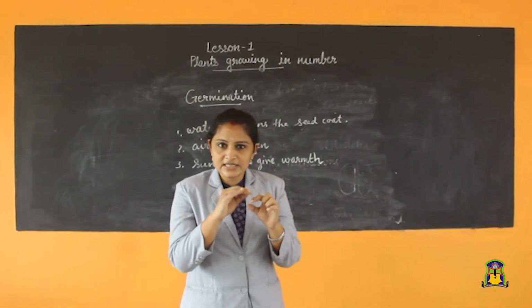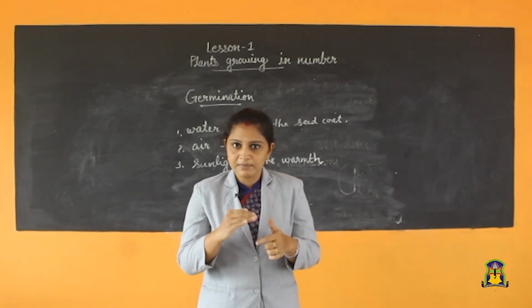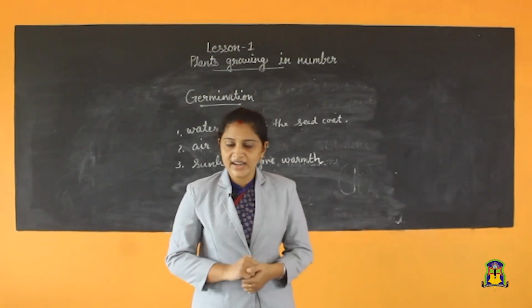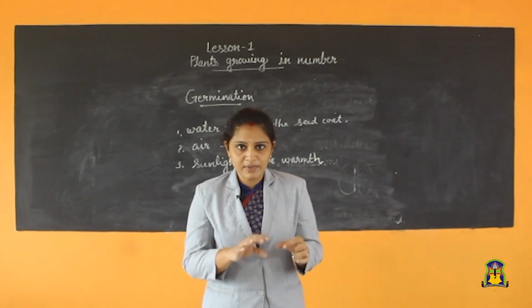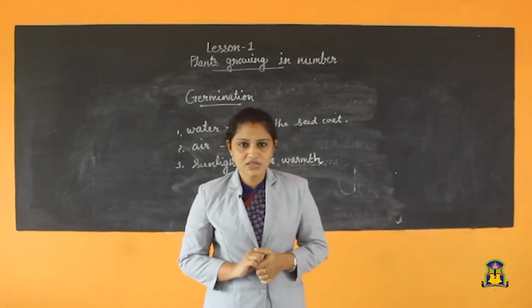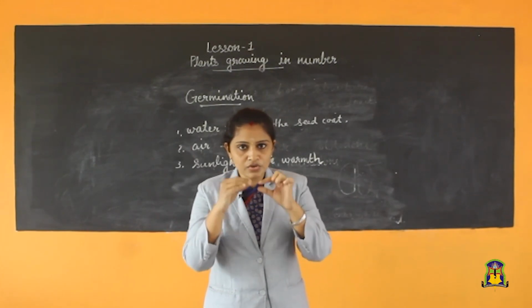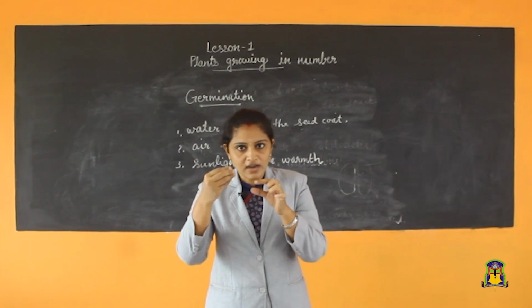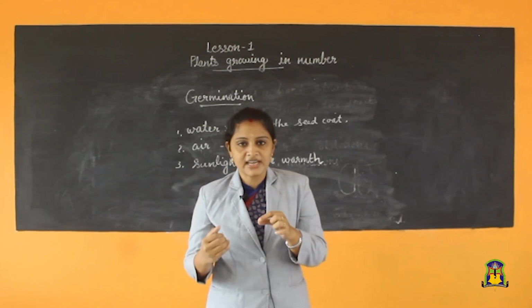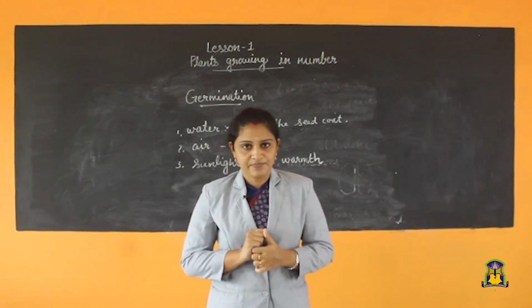This small baby gets all these things. What happens? In the baby plant there is a baby root and a baby shoot. So, that baby root first starts to grow. It grows downward and goes inside the soil.